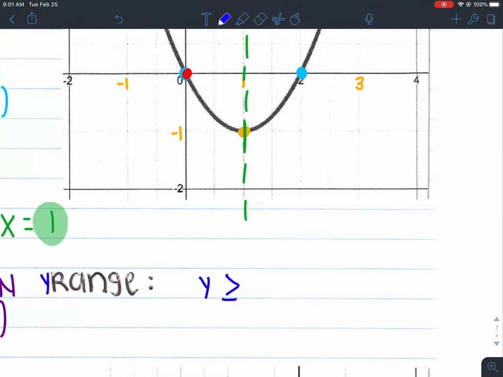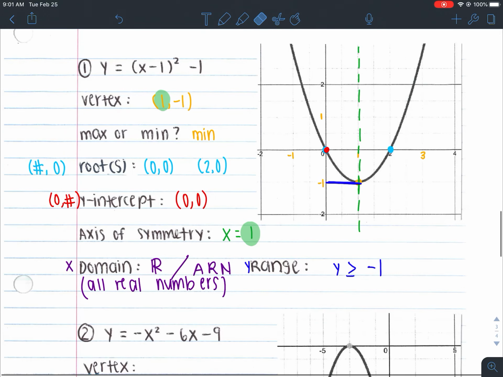So I'm saying that all of my y values are greater than a certain number. So what is the lowest point on this graph? It goes to the very bottom, the lowest y value that it goes to. So you want to look at your y-axis. The lowest it ever goes to is -1. So I'm saying that my y values are all bigger than -1.